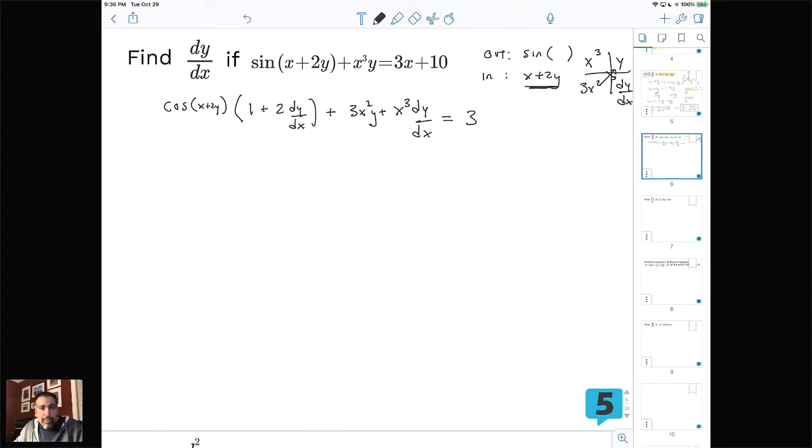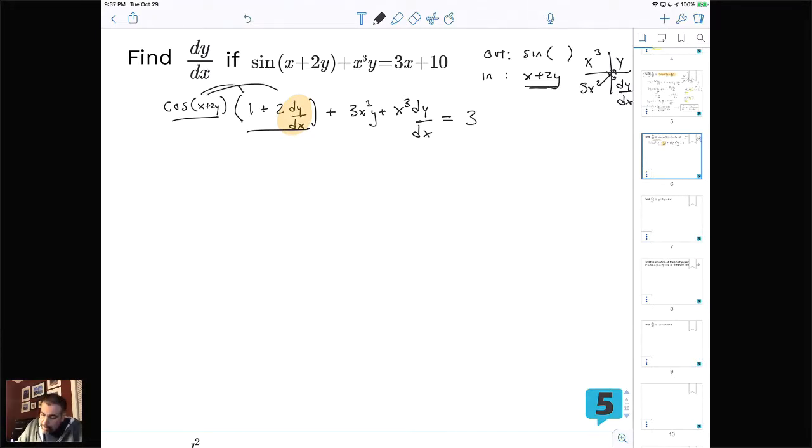Okay, so from there, we're going to continue, because now we've got to choose a dy over dx side and an everything else side. And the problem is this dy over dx right here is kind of stuck in the middle of some factors, and we really need terms. So the way we're going to handle this is we're going to do exactly what the problem tells us. You've got a cosine factor times a binomial basically here. We're going to distribute.